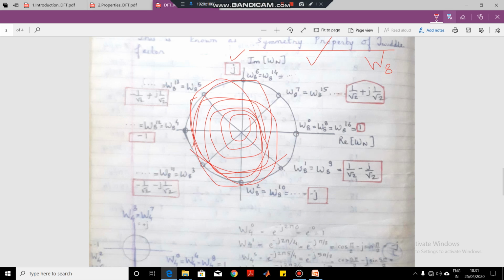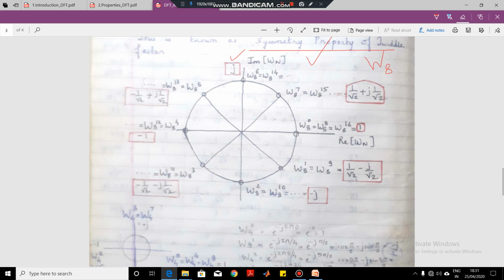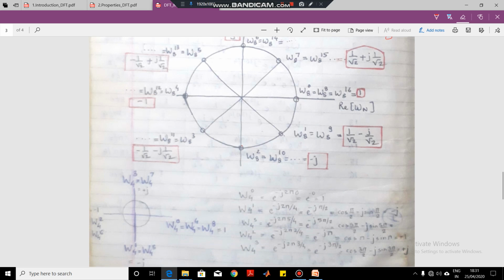That's why it is called a twiddle factor.